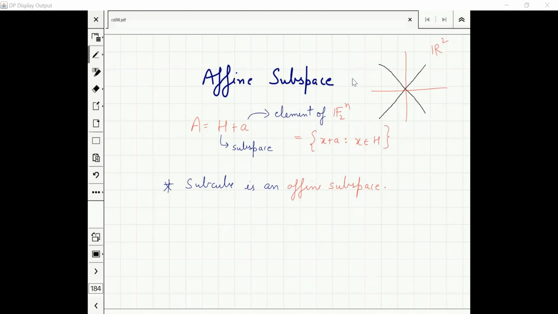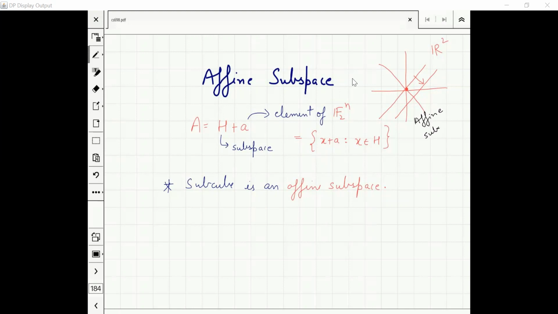Yeah, any line passing through the origin. These are the only subspaces. But if you look at any other line, this is also kind of a subspace, right? This is just a translation of a subspace. And these things are called affine subspaces.